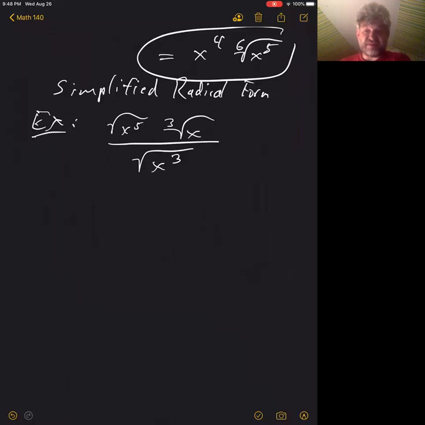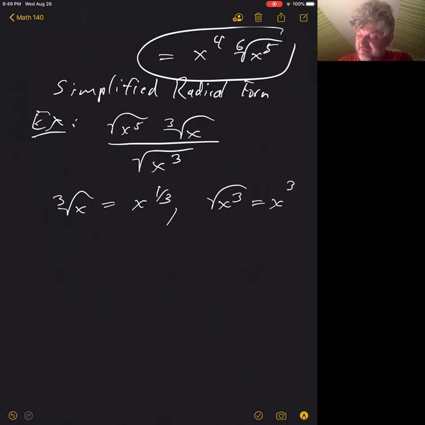It's the same recipe. We convert everything to powers with fractional exponents. So cube root x is x to the 1/3. I've done the square root of x to the 5th before, and square root of x cubed, that's x to the 3/2.